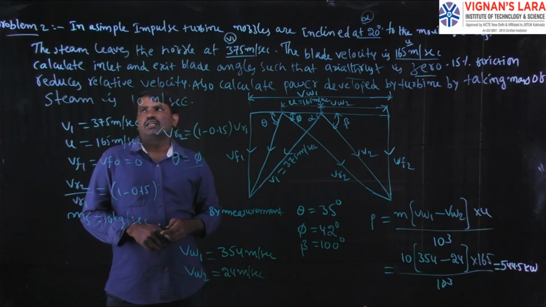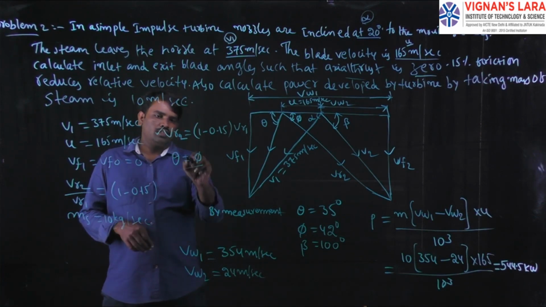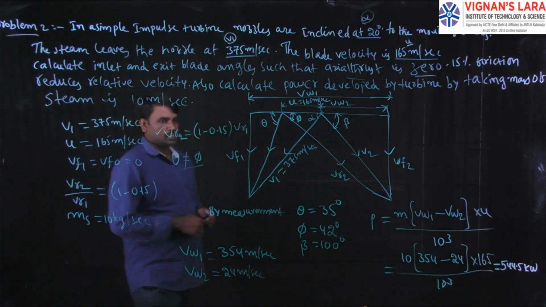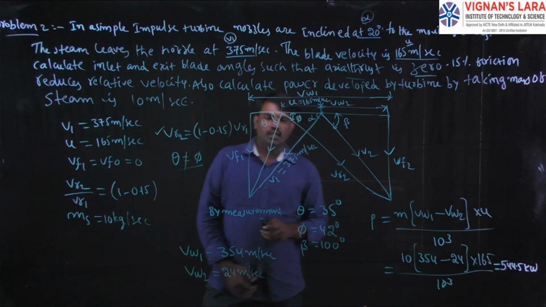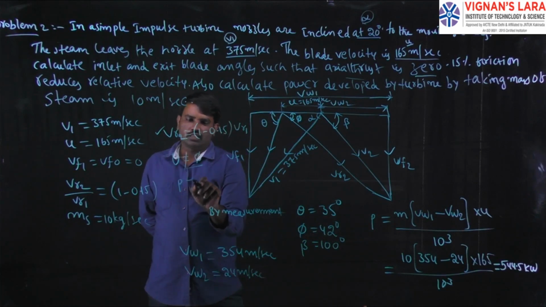These two angles are not equal; it is not mentioned that they are equal. You have to calculate theta and phi, the relative velocity, and the power developed by the turbine.